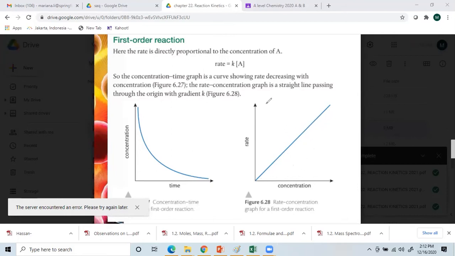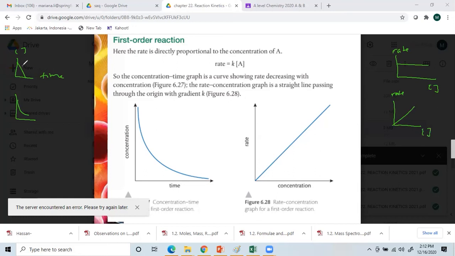So please remember the zero order concentration with time like this, then the first order like this. For the rate with concentration, the zero order is like this, and the first order is like this, directly proportional.